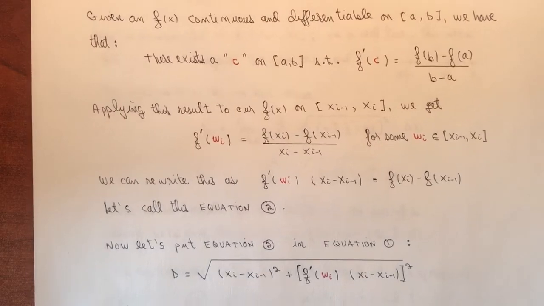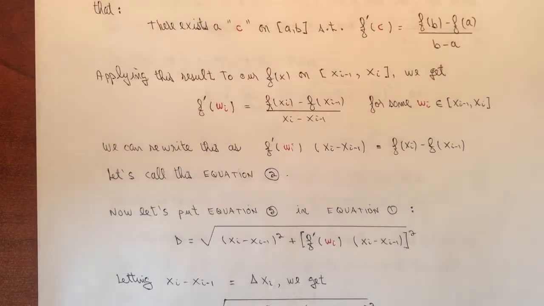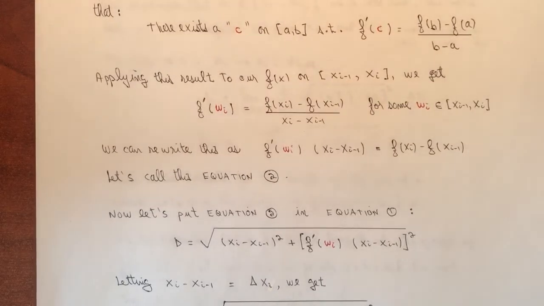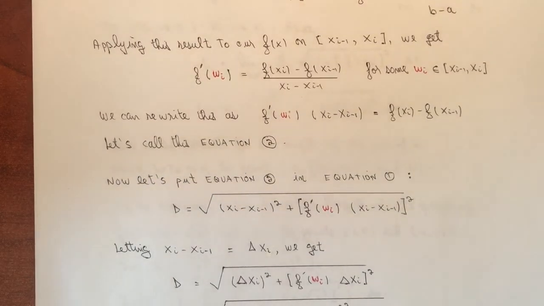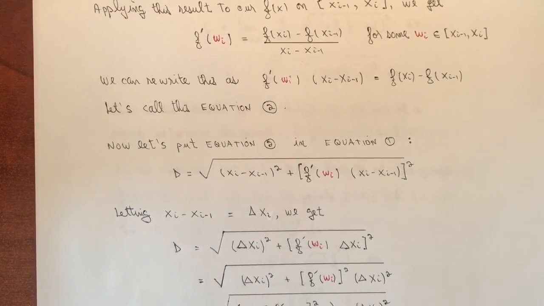For simplicity, why don't we let xi minus xi minus 1 be equal to delta xi? So what are we going to get here? We're going to get that the distance is the square root of delta xi squared plus f prime of wi times delta xi, all squared. Let us bring the square inside to both.